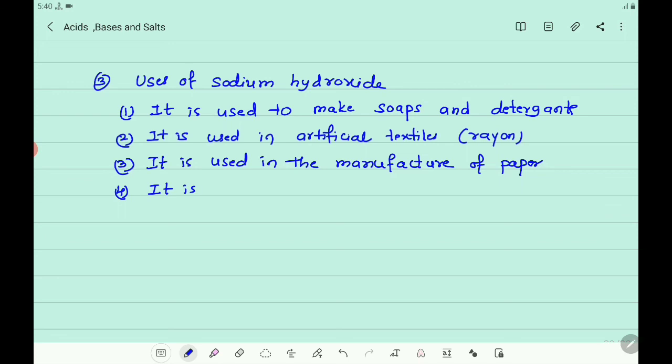It is used for degreasing metals or materials. These are some uses of sodium hydroxide.